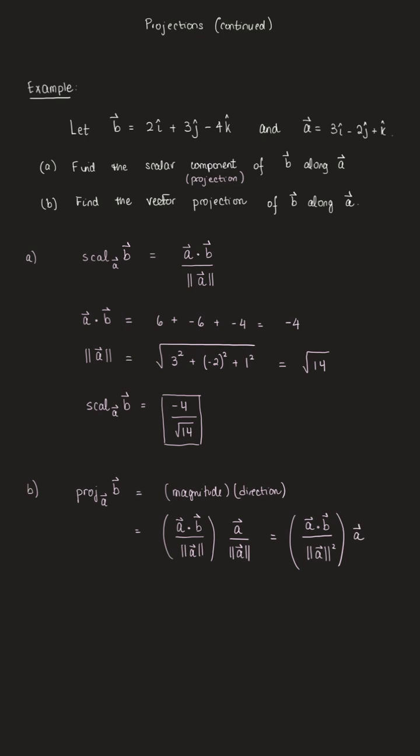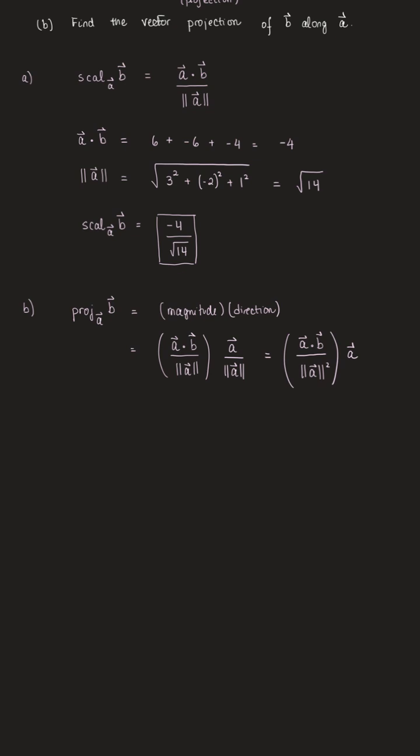All right, let's go ahead and calculate it for this problem. We've already calculated the magnitude. That was our scalar projection from part A. And so we have negative 4 over the square root of 14. And we multiply this by vector a, which is the vector 3, negative 2, and 1, divided again by the magnitude of a, which is the square root of 14.